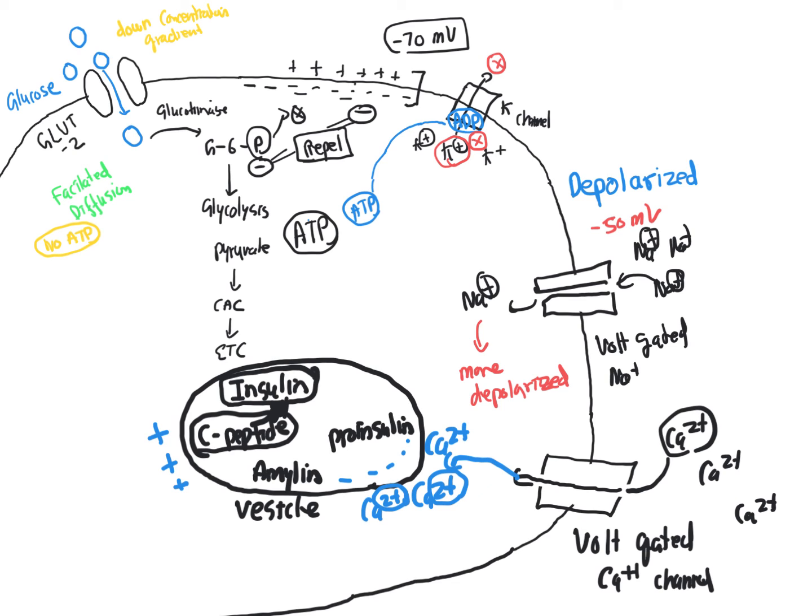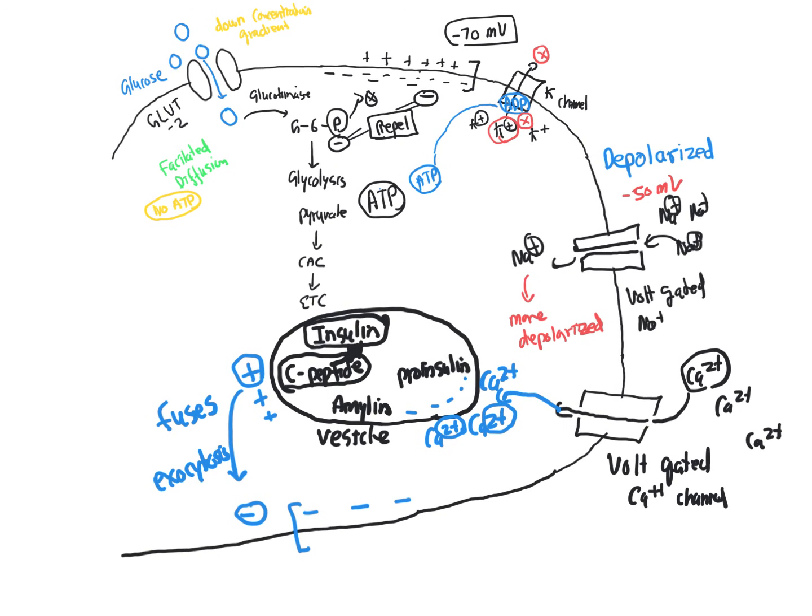So the more positive vesicle is attracted to the negative cell membrane of the beta cells, and it goes there, and it actually fuses with the membrane. The vesicle fuses with the membrane, and we have the release of insulin, C-peptide, proinsulin, and amylin via exocytosis.